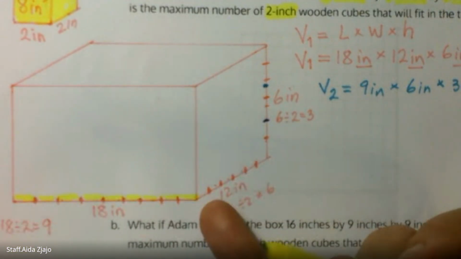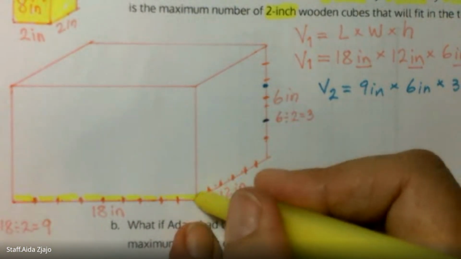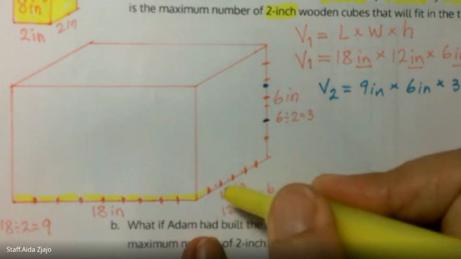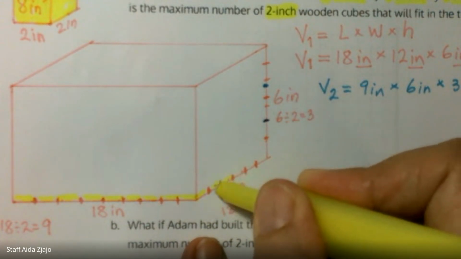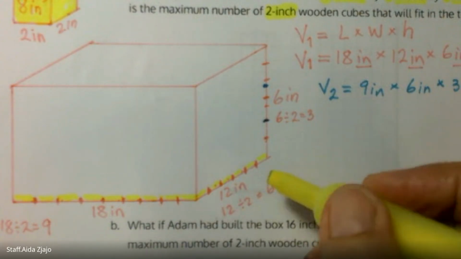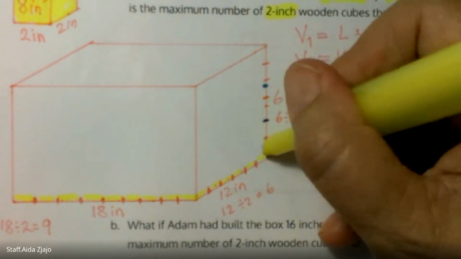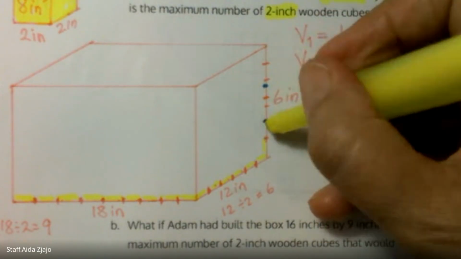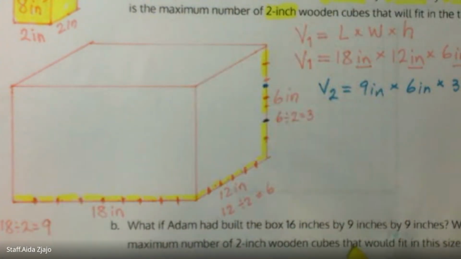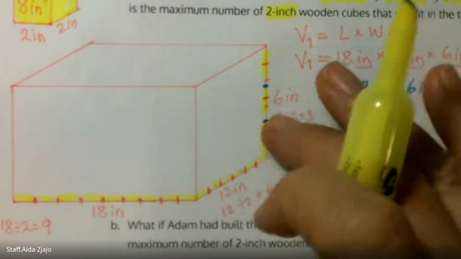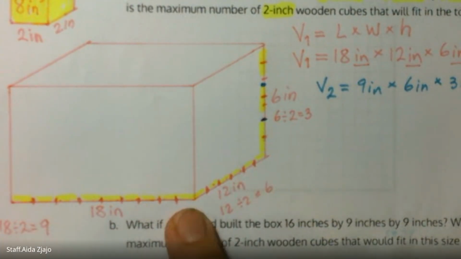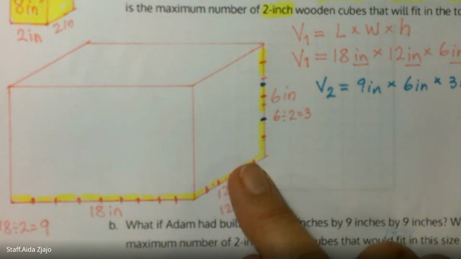So that would be a 9, and then 12 inches here, 2 inches if you group in the 2 inches, that would be here 1, 2, 3, 4, 5, 6 cubes will fit here. And then the 6 inches tall, that would be there you will have 3 cubes that will fit in a layer. So we will have 3 layers of, no, 9 by 6 by 3.